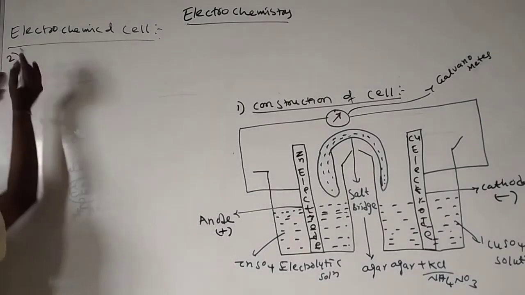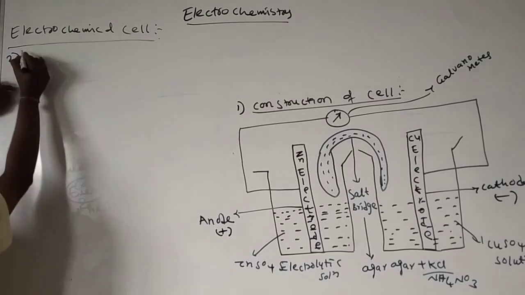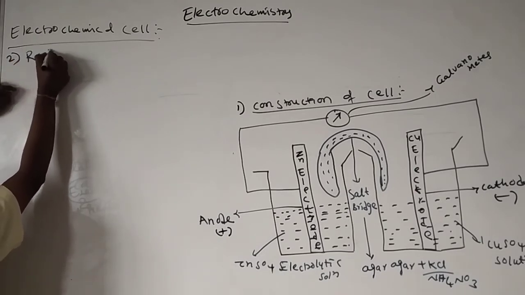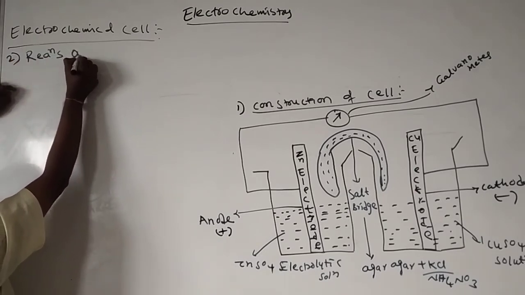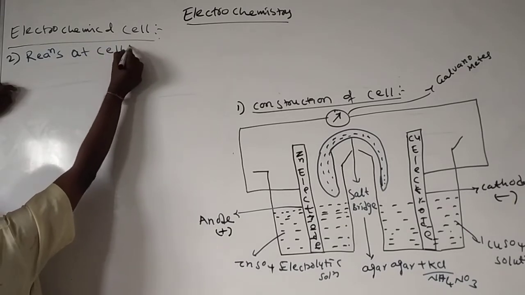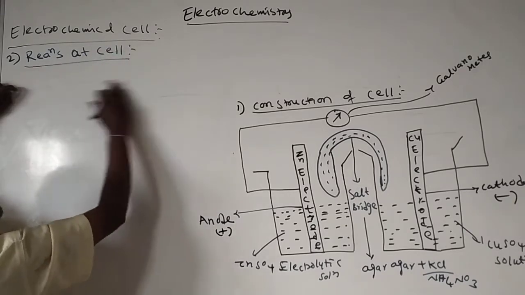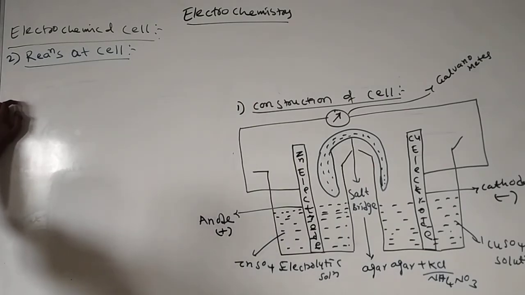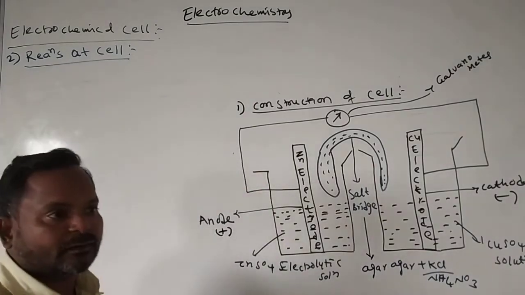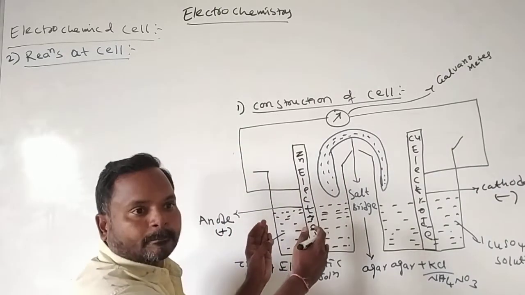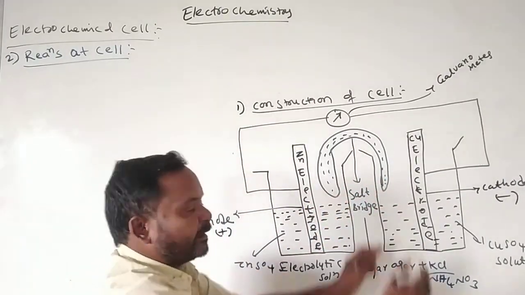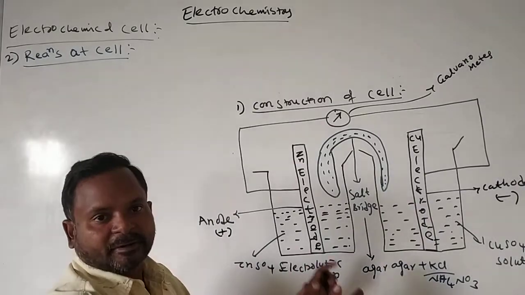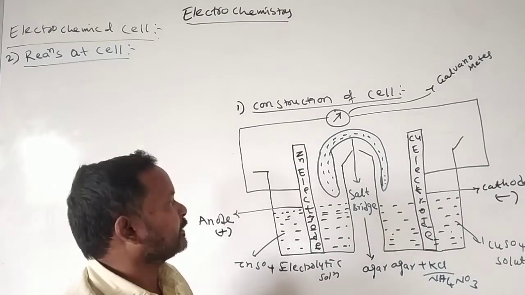The second step, reactions at cell. Here electrodes are there. One electrode and second electrode. This is a complete electrochemical cell.